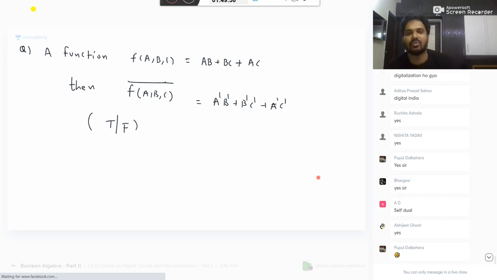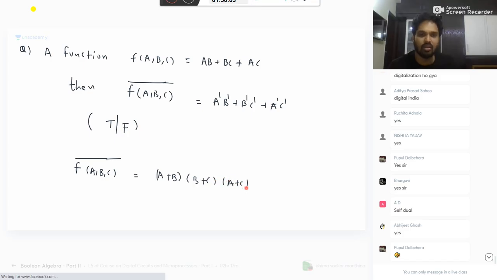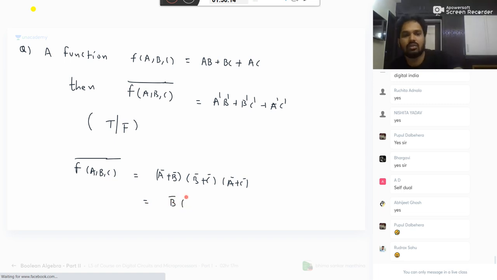Around 50% gave no, because you will feel that f of ABC whole bar is not this, sir. It should be a plus b into b plus c into a plus c. Okay, individual bars. This is according to Shannon's. Find dual, complement individually. You expand this. What will you get? B bar plus A bar C bar into A bar plus C bar.